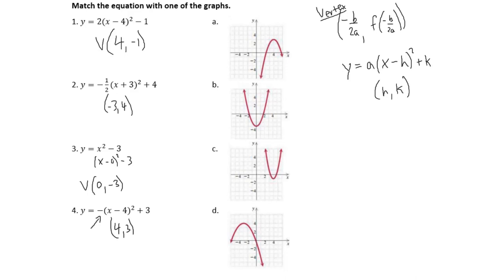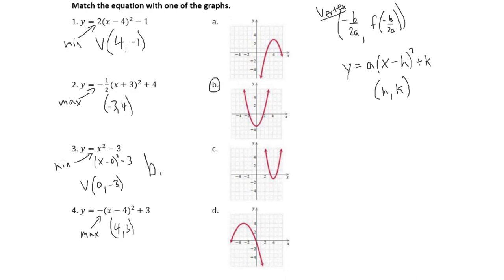And here, because that's a negative, we know that that will generate a maximum. This one is positive, so this generates a minimum. That one generates a maximum. And this +2 generates a minimum. So 0, -3 is probably the easiest to find. So that's B.